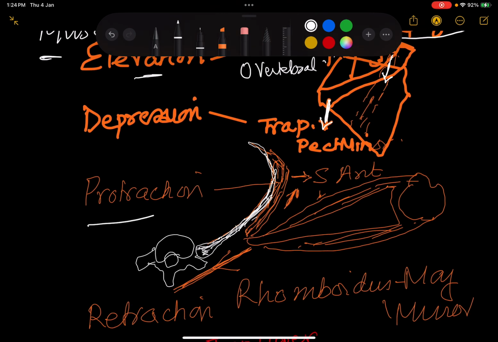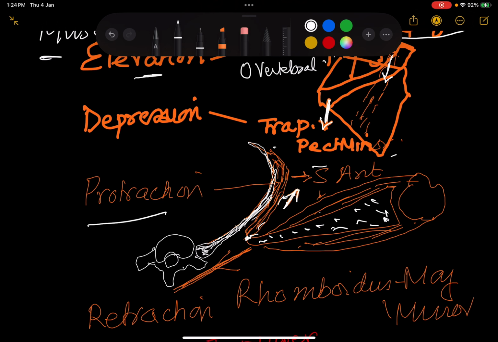Then protraction. Here you see the vertebra, here you see the rib, here you see the triangular area of the scapula seen from above. From the medial border of the scapula going to the rib is the serratus anterior muscle. This pulls the scapula forwards, and that is called protraction.